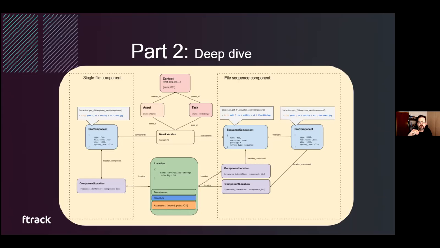Basically, the component location is an entity that physically links the component to the location. It's what tells the component you're in this location, or tells the location you own this component in this place. And underneath, you can see the location, which in this case is a centralized storage scenario with a priority 10, which contains a transformer.